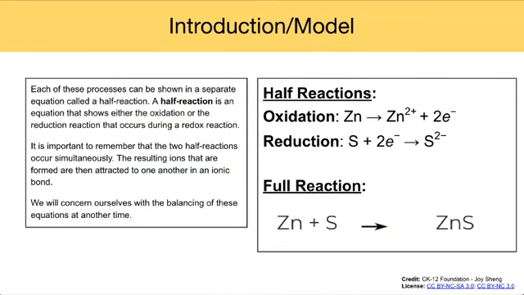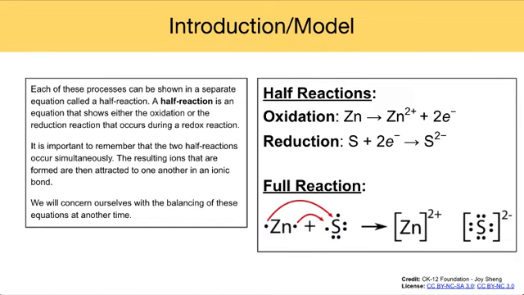To think about how half reactions can be viewed, think about this reaction between zinc and sulfur to form the ionic compound zinc sulfide. Zinc is a metal and sulfur is a nonmetal. In forming an ionic compound, zinc transfers 2 electrons to sulfur. So the full reaction, we might write zinc plus sulfur, Zn plus S, reacts to form ZnS, and if we were including Lewis dot structures, we might include them that way to show where the electrons are moving.